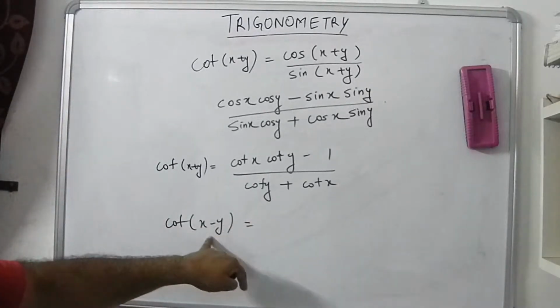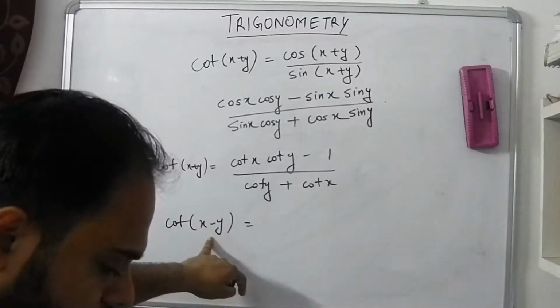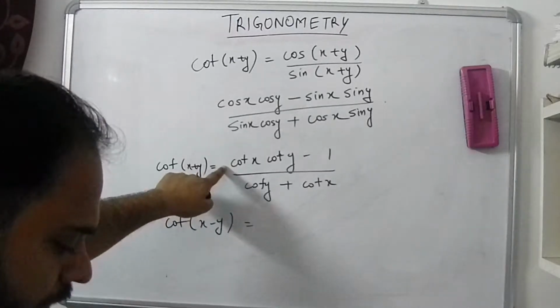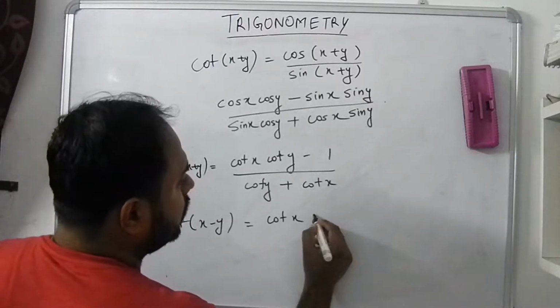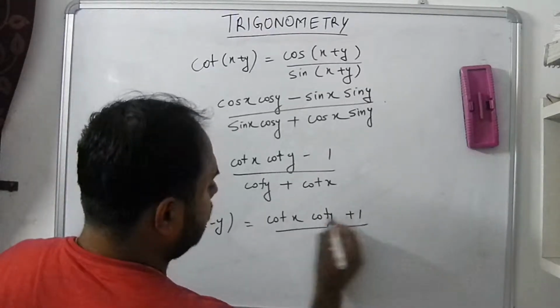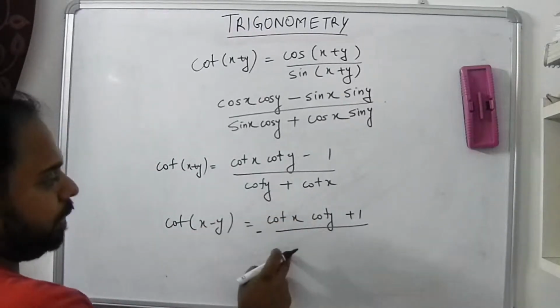So when we make it minus y, this becomes negative, right? So let's make it negative. Cot x cot y plus 1, upon 4 is minus, upon this will be cot x minus cot y.